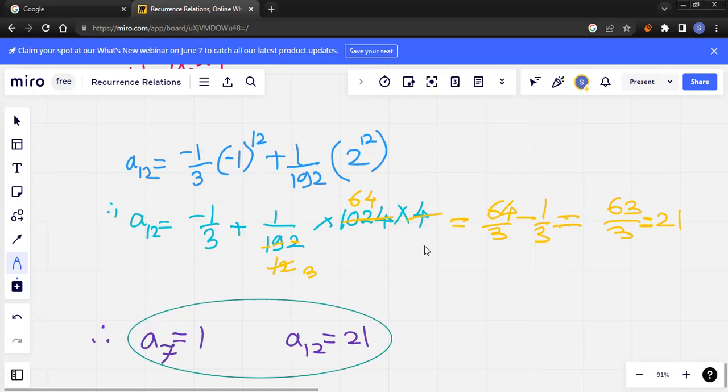Laws of indices. You may do it your way. You can have 2 into 2 into 2, 12 times, or you can have this as 2 square raised to 6 also and solve it. Ultimately, where you reach, the division becomes 64 by 3, and from this minus 1/3 you can add. So it gives you 63 by 3, meaning 21. So the value of a_12 becomes 21.